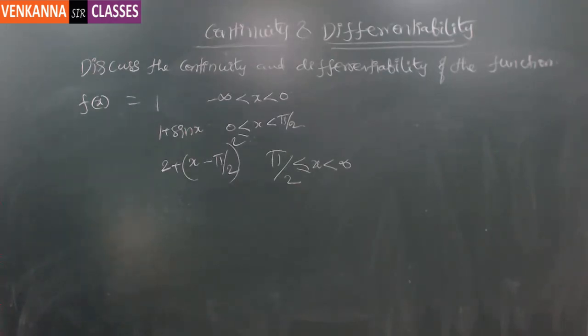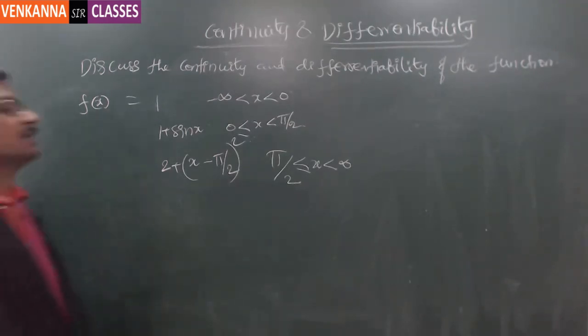So continuous at both the cases. Okay, what about differentiability? Non-differentiable at x equal to 0. What about x equal to pi by 2? Differentiable at x equal to pi by 2.